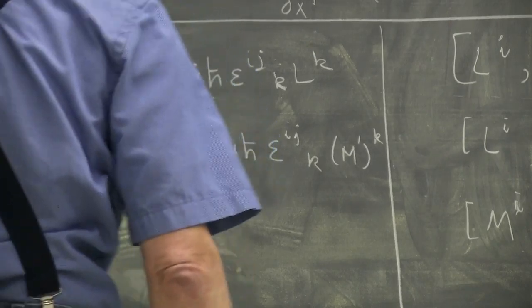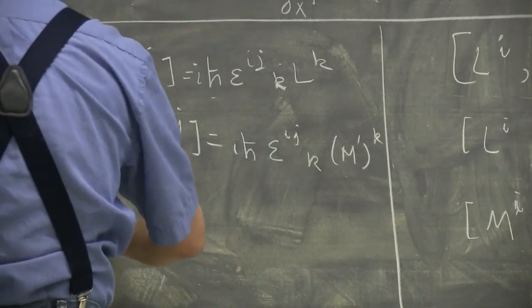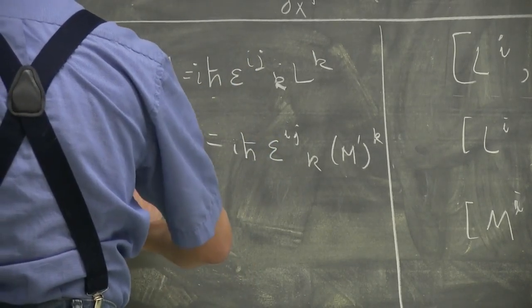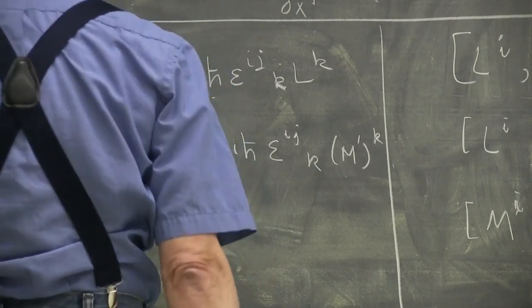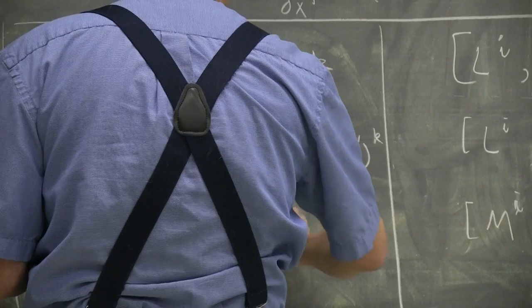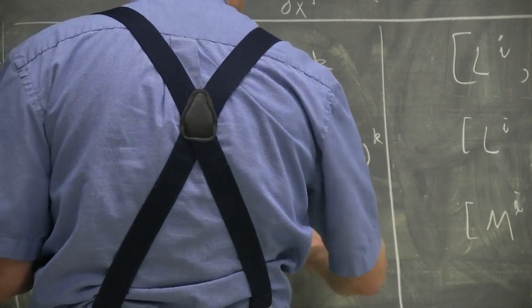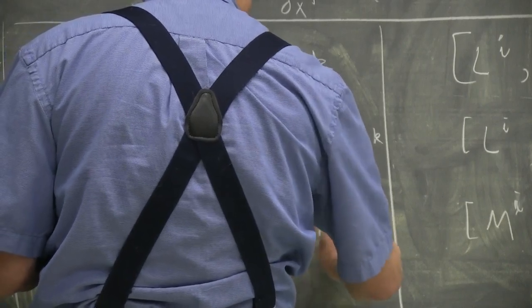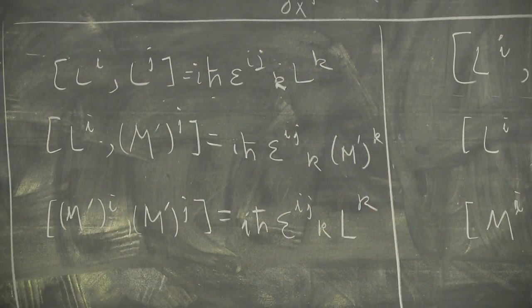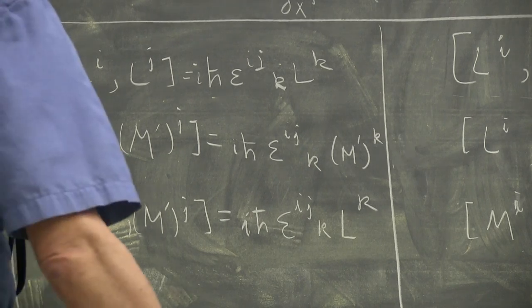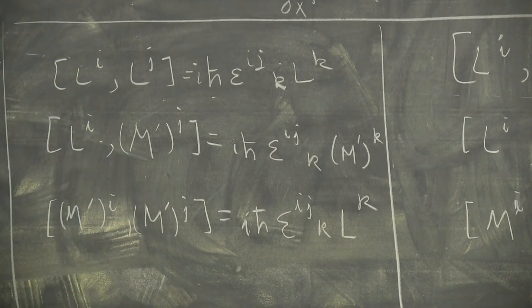Well, the third one appears a little bit nicer. The commutator of M prime_i and M prime_j is equal to i H bar epsilon_ijk L_k. You see the difference between the two? This appears much nicer. Everything is dimensionally consistent, you see.